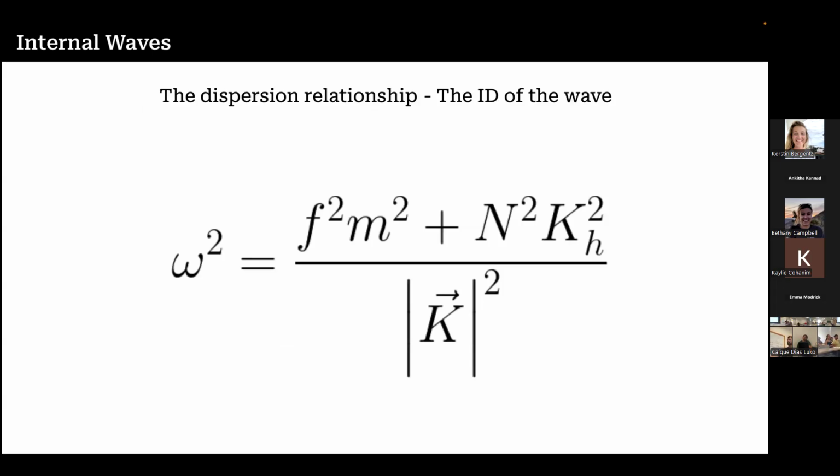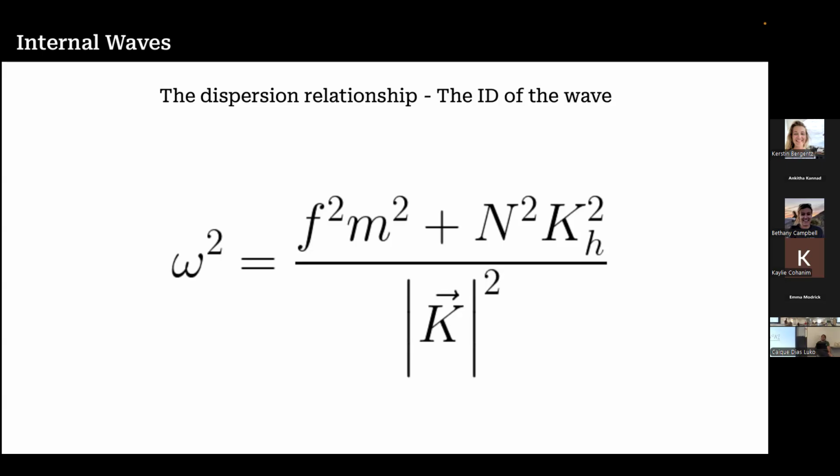Here omega is the frequency, f is the inertial or Coriolis frequency, m is the vertical wave number, N squared is the stratification, k_h is the horizontal wave number, and the k vector is the whole wave number vector.